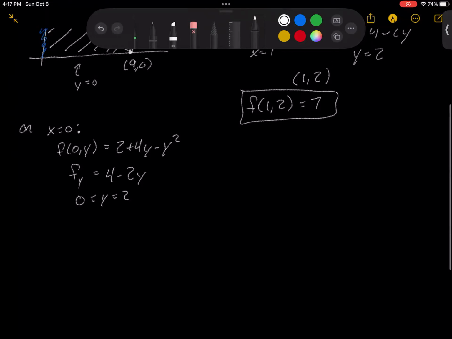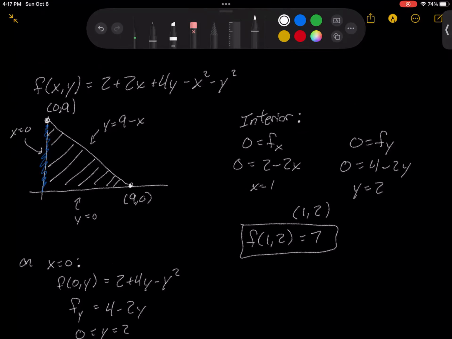So if you think about this, we are looking at a slice of this function. This function is like a surface coming out at you. So this function f has a one-dimensional function on that slice on the y-axis, and the extrema can occur at interior points of this domain when the derivative is 0 or does not exist.